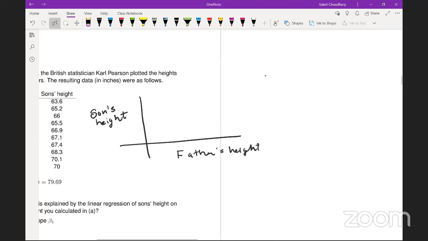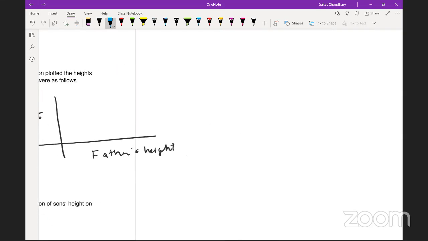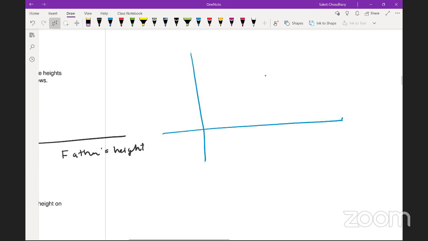Okay, so let me quickly give you an overview of why we do a linear regression at all. So imagine you have two quantities, x and y, x being independent and y being the dependent. So you're given a certain number of data points, which look like, let's say, something like this.